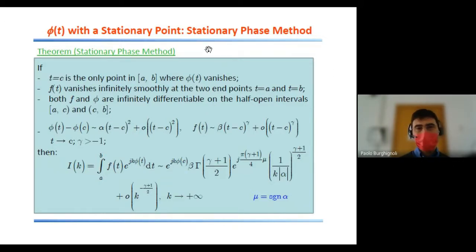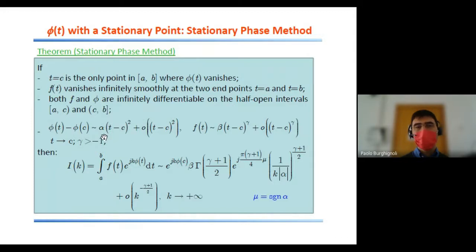If you have a single point t equal to c inside the integration range where the derivative of the function phi vanishes, if the function f vanishes infinitely smoothly at the two endpoints, necessary if we want to neglect the contribution of those endpoints, and if both the function f and the function phi are infinitely differentiable on the two half-open intervals on the left and on the right of the point c, where they admit this kind of asymptotic behavior locally, so the function phi is close to phi at c according to this kind of behavior.